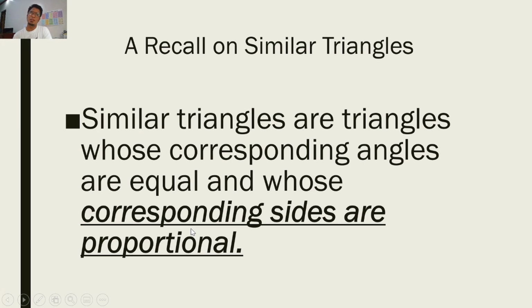The main reason is we will be talking more about the sides. Kasi yung angle equal na eh. What I mean to say is, yung corresponding angle ng similar triangles, whether it is right, acute, obtuse, any kind of triangle, equal na sila eh. Eh dito, yung sides natin proportional. So definitely, we will be having a computation with regard sa sides po natin.